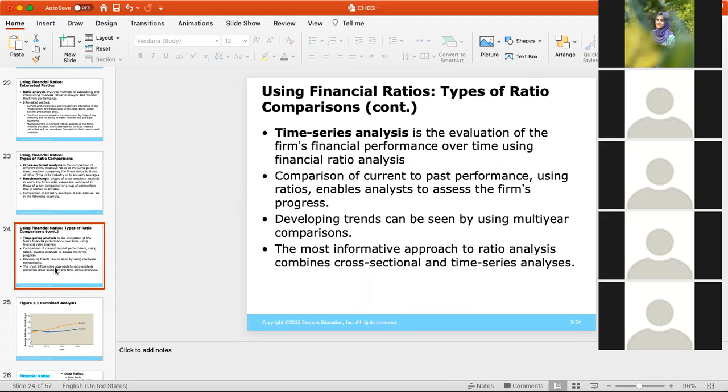So the last type of analysis that we have is the time series analysis, the evaluation of a firm's financial performance over time using the financial ratios.